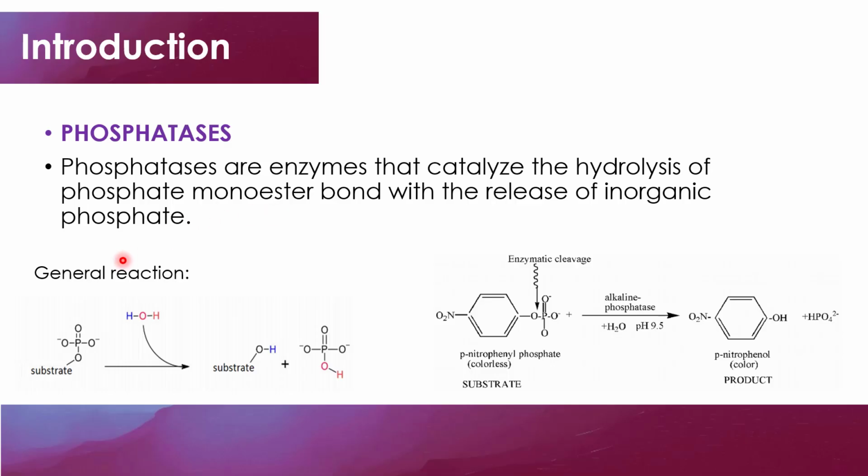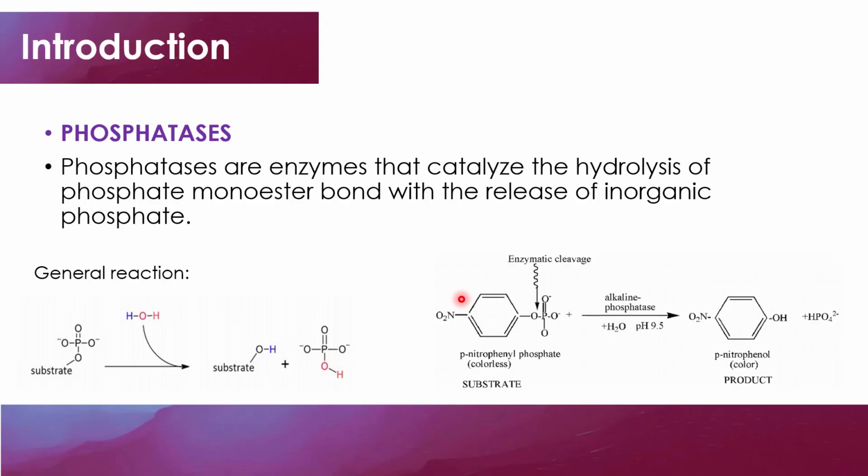This is just a general reaction showing how the enzyme phosphatase catalyzes the hydrolysis of the phosphate monoester bond of a substrate to produce an inorganic phosphate, as seen over here.